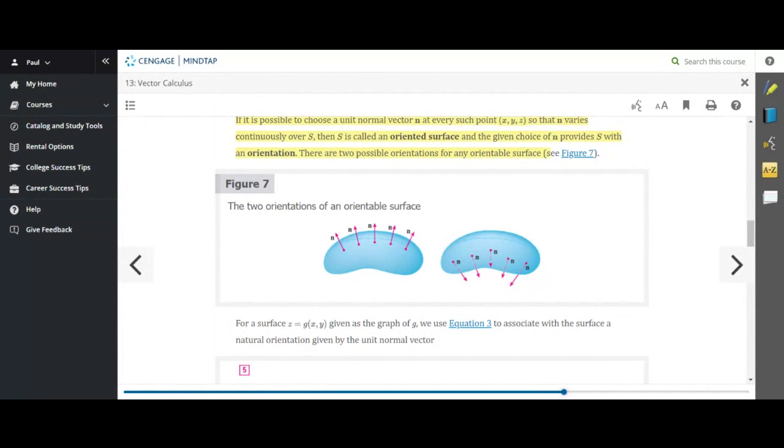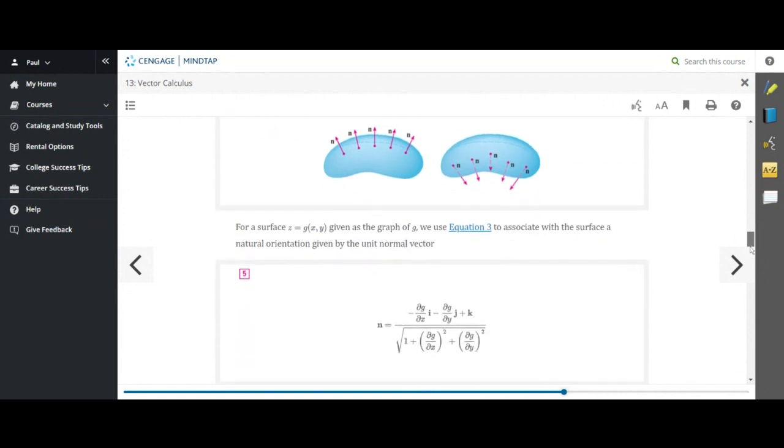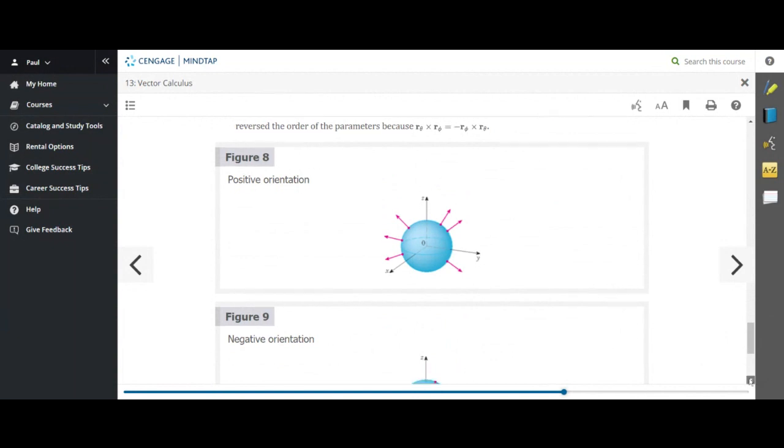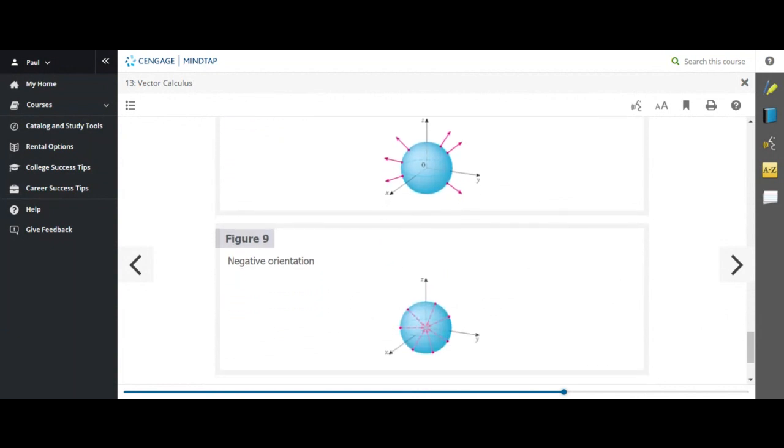Again, a fluid or heat could be flowing in or out of the surface. One orientation gives you positive orientation, the other gives you negative orientation. In figure 8, positive orientation is when the unit vectors are outward from the surface. Negative orientation is when your unit vectors point inward from the surface.